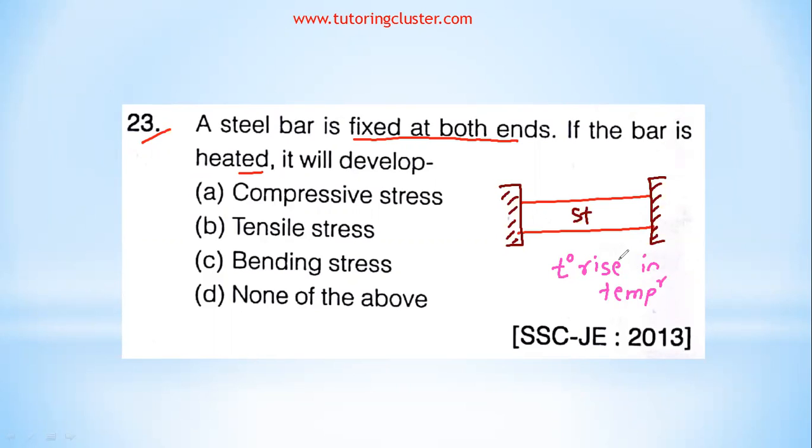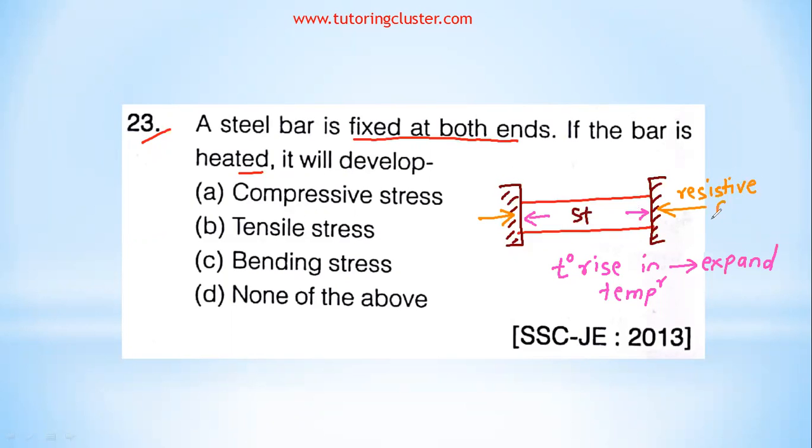Then what will happen? As it's a metallic part, it will try to expand. But as it is fixed at both the ends, what will happen? The stress is a resistive force.